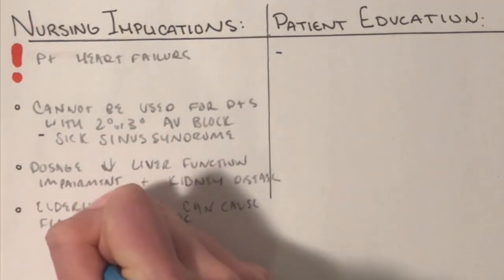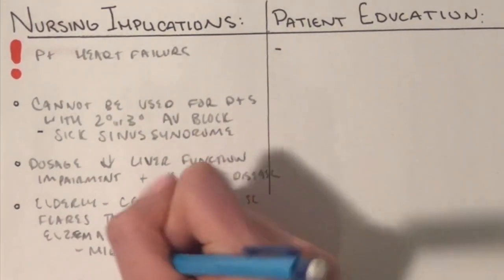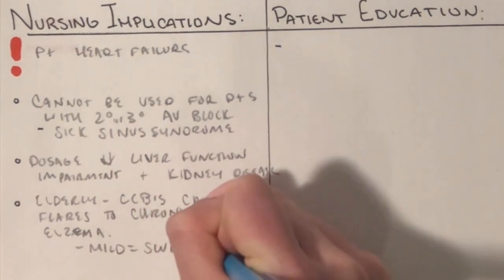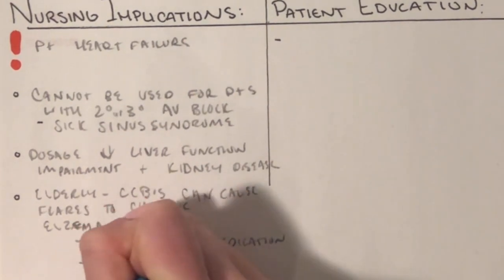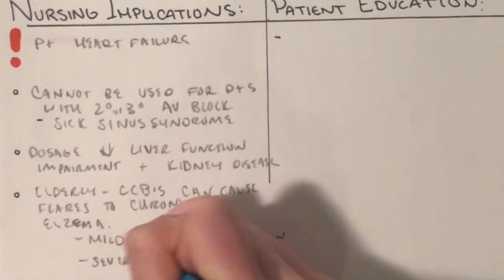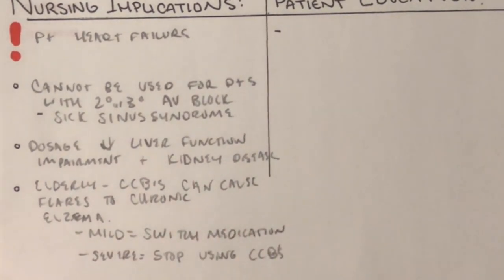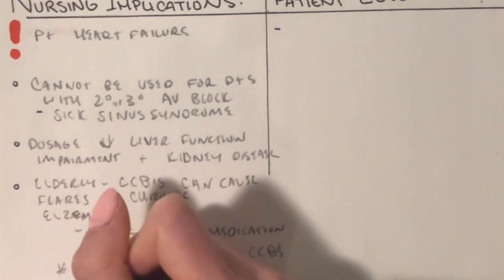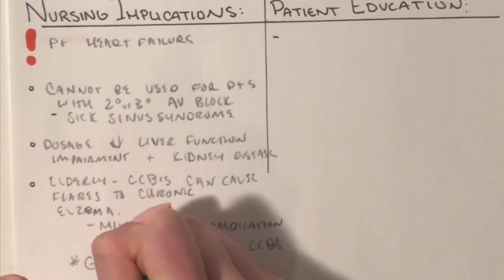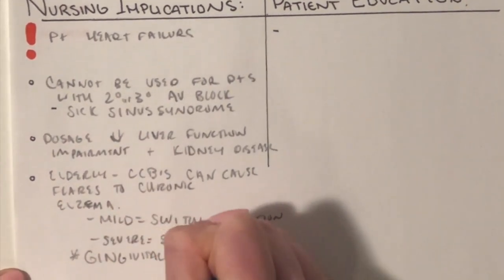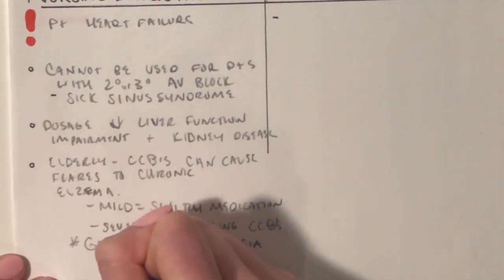If these symptoms are mild, it may be an indicator that they just need to switch to another type of calcium channel blocker, so a switch of medication may be suggested, but if their symptoms are severe, it's suggested that they stop using any type of calcium channel blockers. And then another consideration for elderly as well is gingival hyperplasia, so an indication there would be an emphasis on dental hygiene.